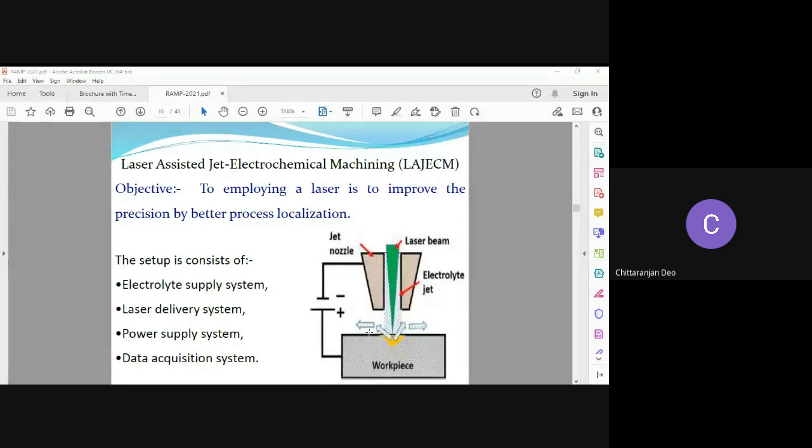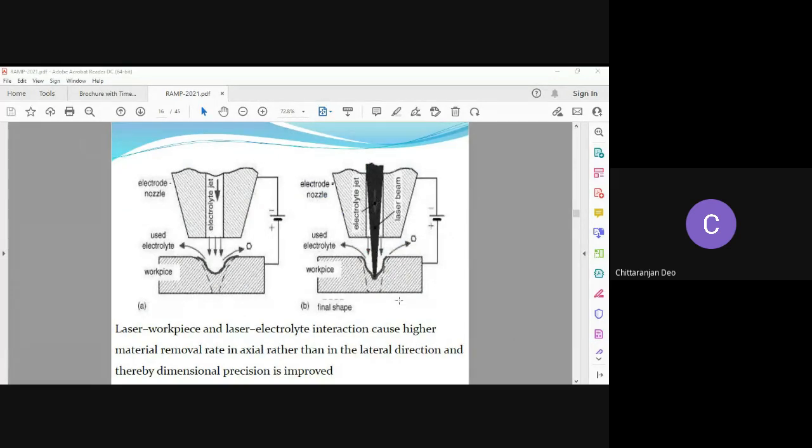So this combination of laser beam with electrolyte jet causes a higher material removal rate in the axial direction. You can see in this figure the combination of the laser beam with the electrolytic jet, which causes maximum material removal in the axial direction compared to the lateral direction, where you can see it is a general electrolyte jet ECM process.